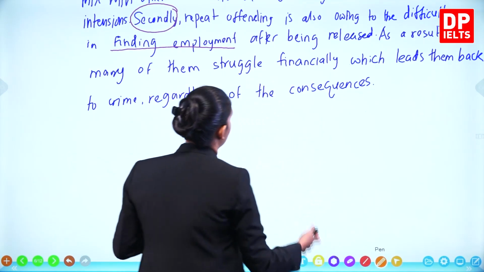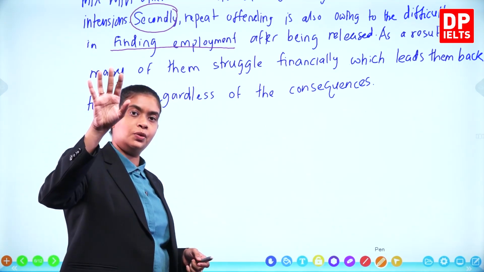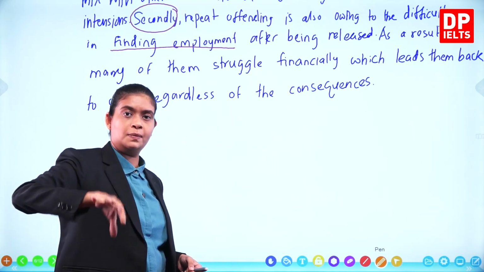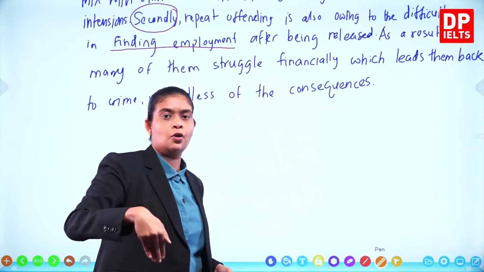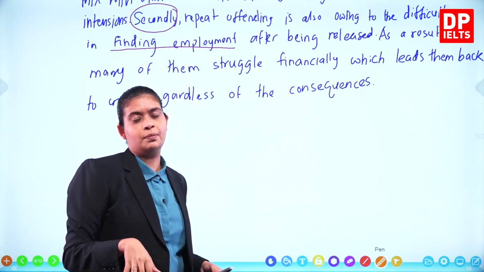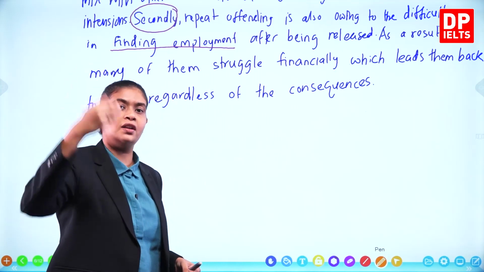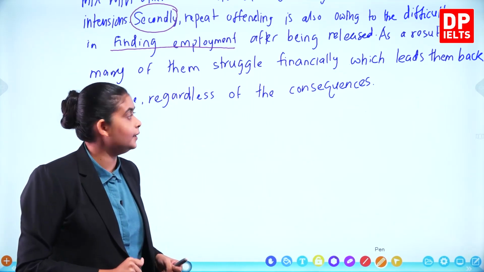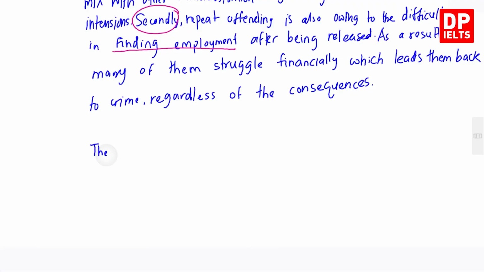So here you can see how I have structured it step by step. Intro, body 1 is talking about the problems, the causes, cause 1, cause 2. Now body para 2 is going to talk about solution 1 and solution 2 for cause 1 and cause 2.